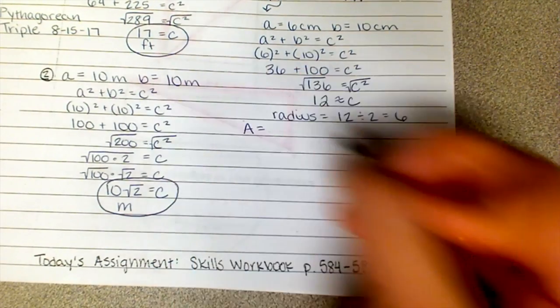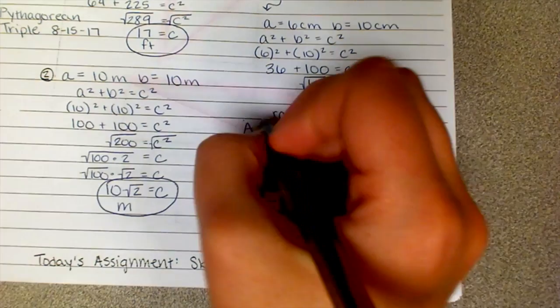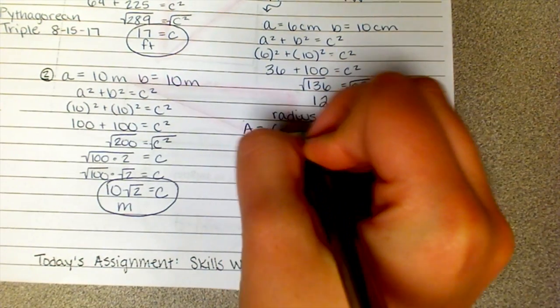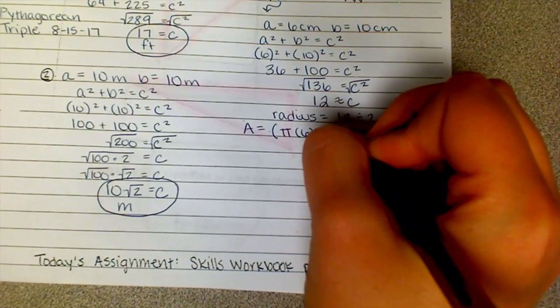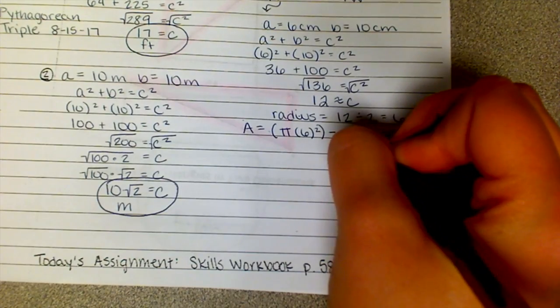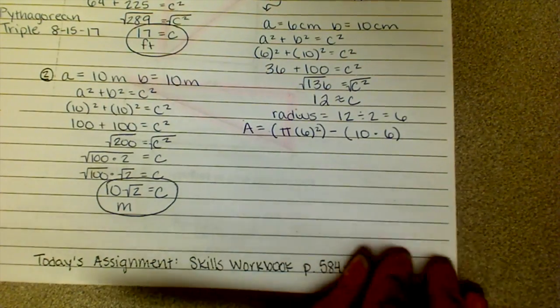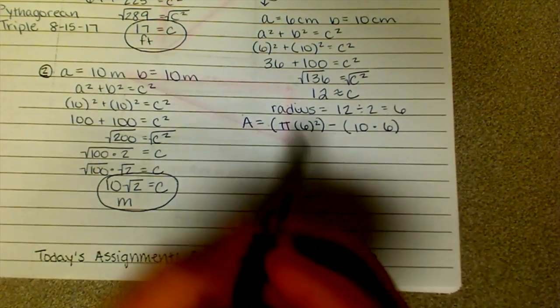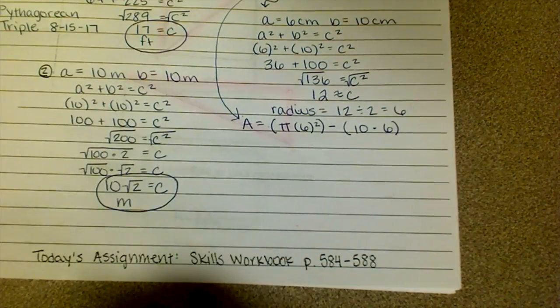Now back to area. Pi times 6 squared minus the length, which is 10, times the width of 6. I'm just taking this information down here.